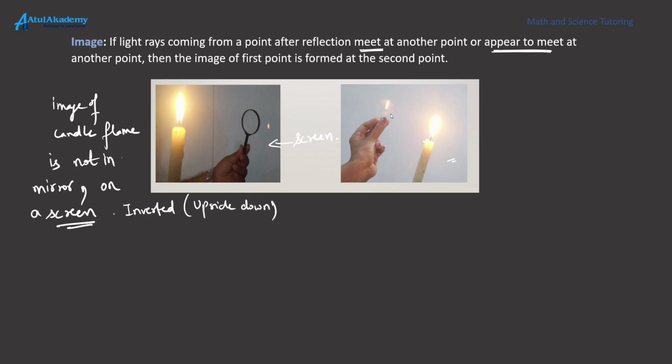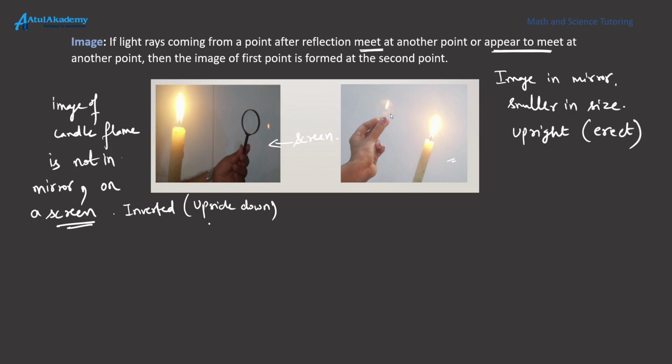Now let's see over here. Here, there is an image in this mirror. This is smaller in size also, and it is upright, or we also say it is erect, meaning it's not upside down, same as the candle.